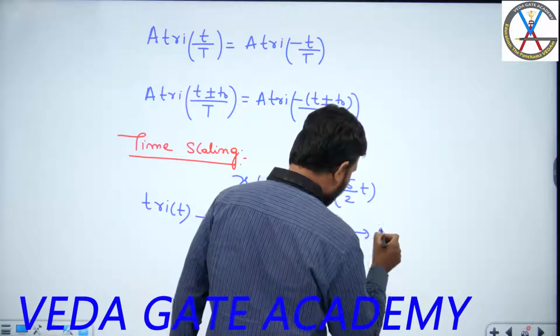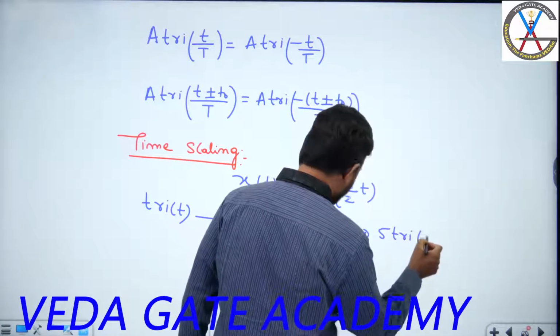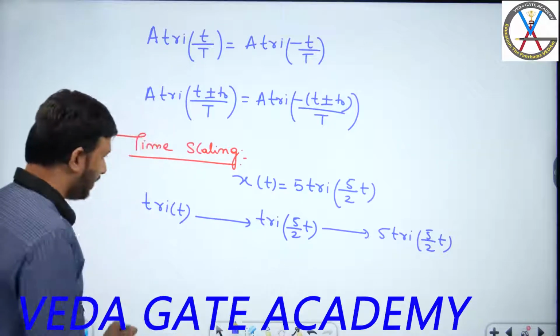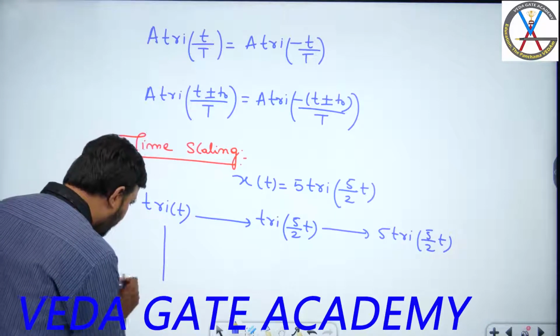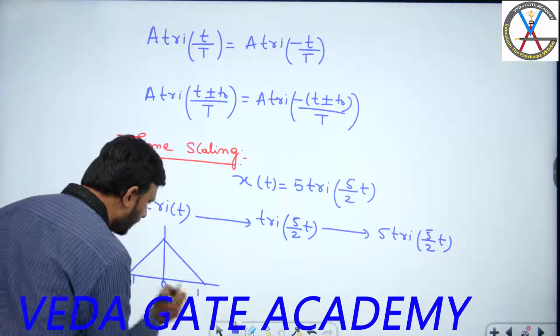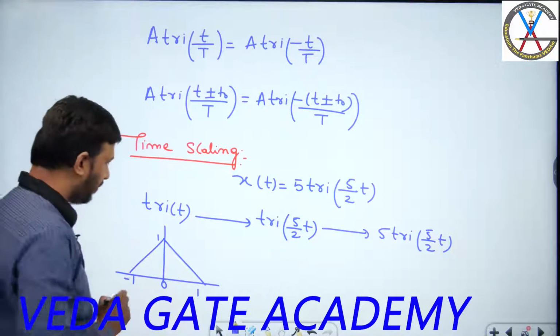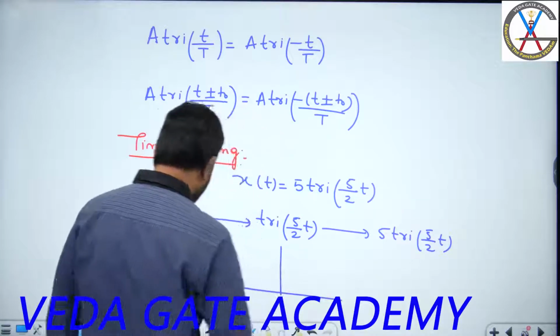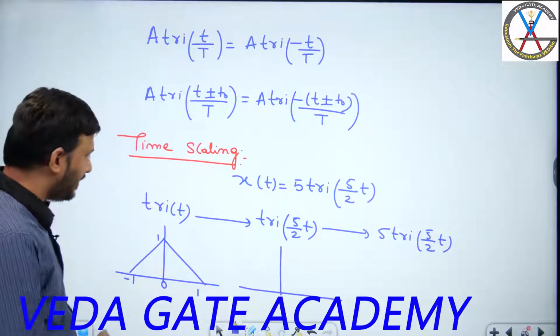And after that you calculate 5 tri of 5 by 2 t. Tri t, this is the shape. Now tri of 5 by 2 t means divide each point on the horizontal axis by the scaling factor.